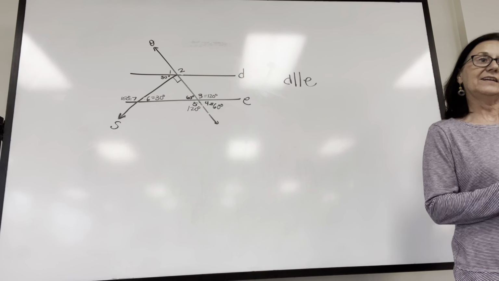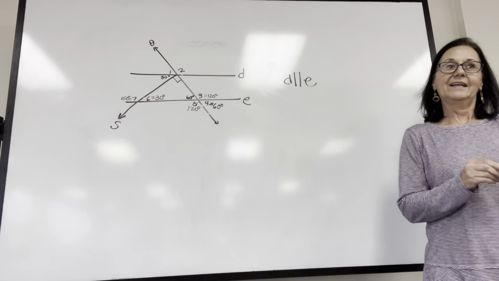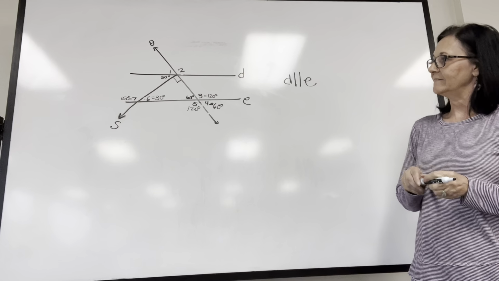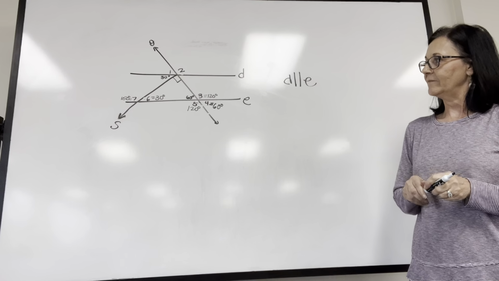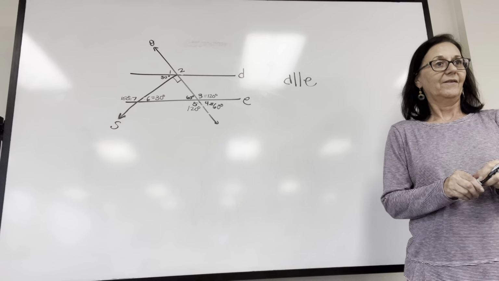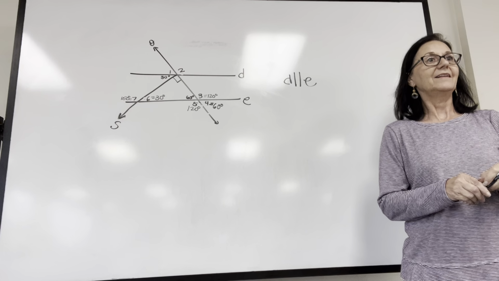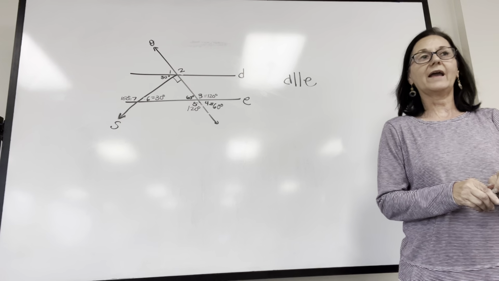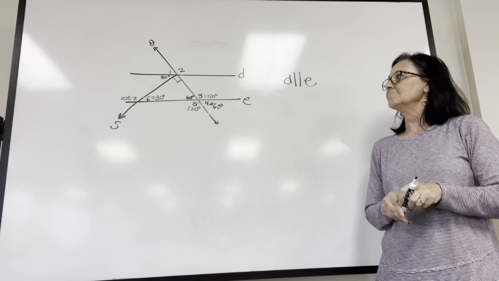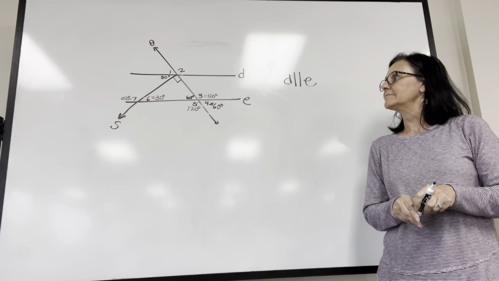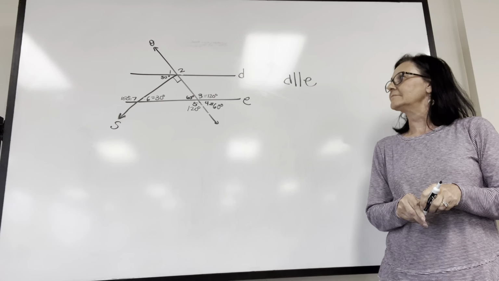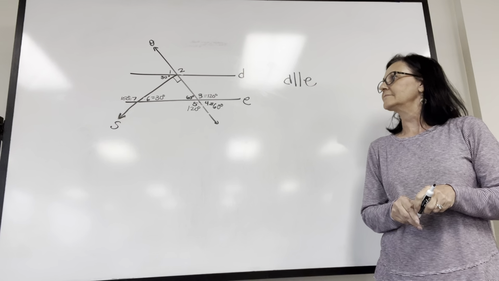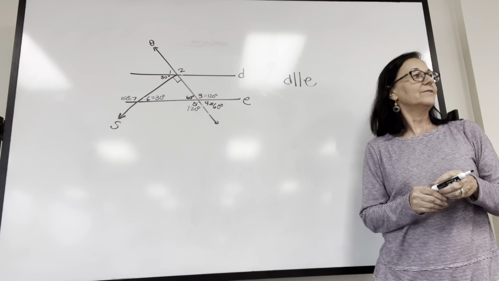What do you think, Landry? Well, I'm just looking at the bottom left. Okay. Since it's a vertical pair, 6 is a vertical pair, but the angle isn't marked. Right, yeah. Yes, Luke?